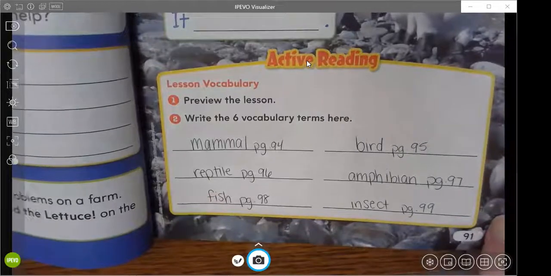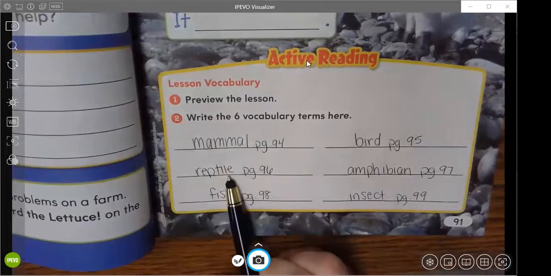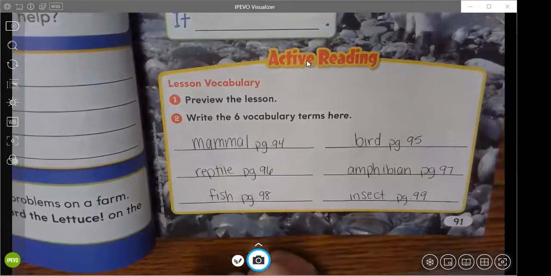So there's our 6 vocabulary words for this lesson: mammal, bird, reptile, amphibian, fish, insect.